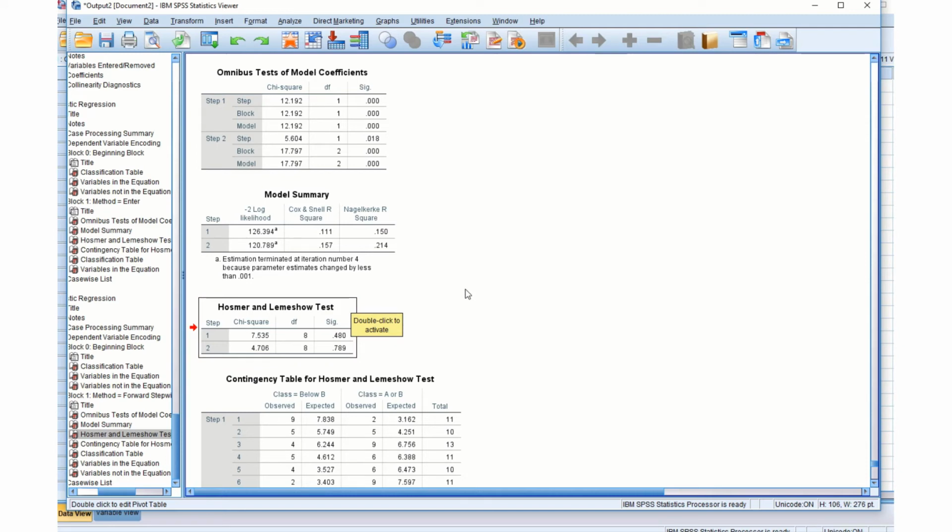Now, interestingly, you'll notice that the R-squared finishes at 0.214. This is going to be a little bit below what we had before. What's going to happen is we're not going to have all 6 variables in the final model. We're only going to probably have 2 variables and the constant.